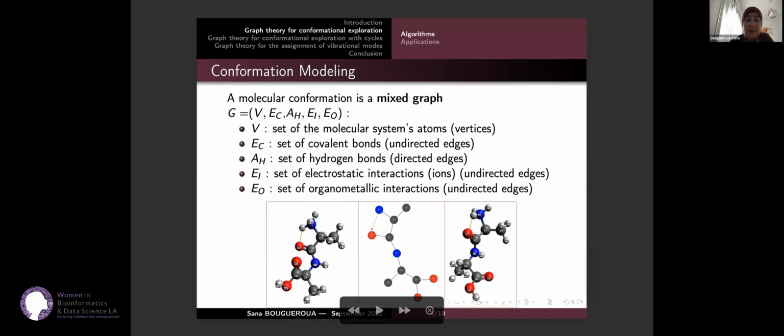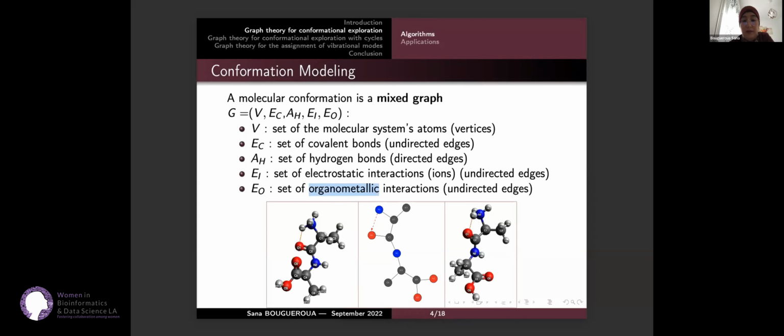And now we have started work with a group in the Netherlands where we have added a new type of interaction that we have called organometallic interaction, for catalysis. The reason it is a mixed graph is that we use directed edges and undirected edges. As you see here, I'm not representing the hydrogen atoms, to simplify the graph. But for hydrogen bonds, we know that a hydrogen atom is involved.